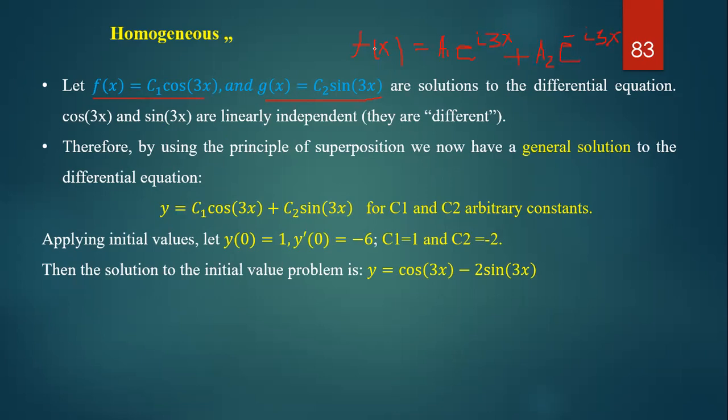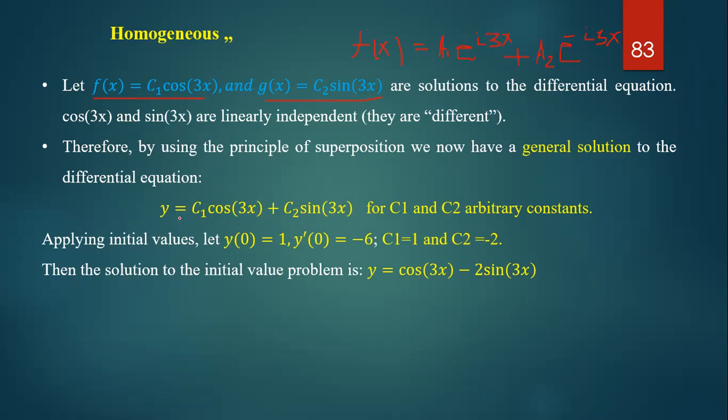With this we can also solve this equation. But let's take the easiest, the trigonometric relation. These are almost equivalent, and they are solutions to the differential equation. So cos 3x and sin 3x are linearly independent. They are different. Therefore, by using the principle of superposition, we have this type of general solution.